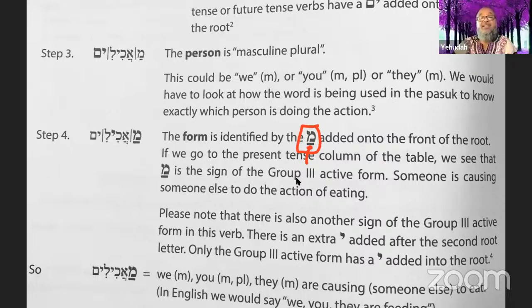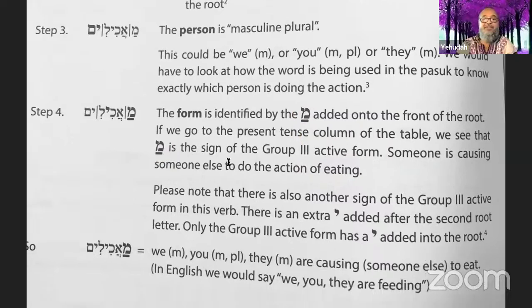So if we go back to our present tense column, which we have done in the past, and we look at it, we can see that this in particular is the sign of group number 3. And it's someone causing someone else to do an action of eating. And it says, please note that there is also another sign. Now they're going to break it down. I've been saying it, but now they mention it. Okay.